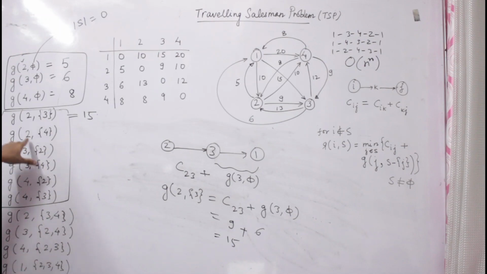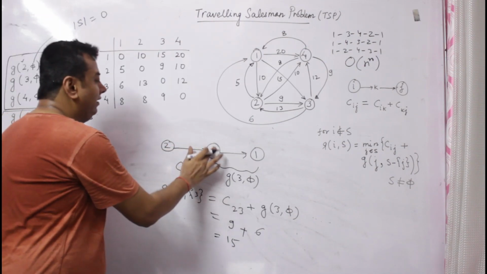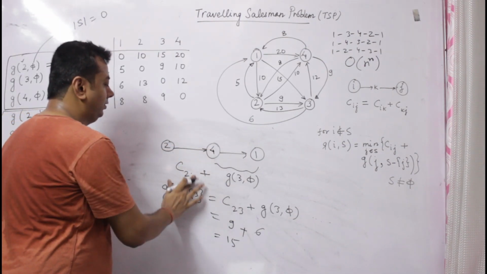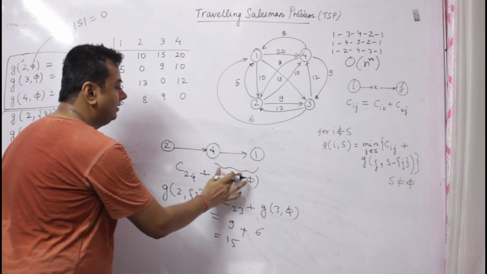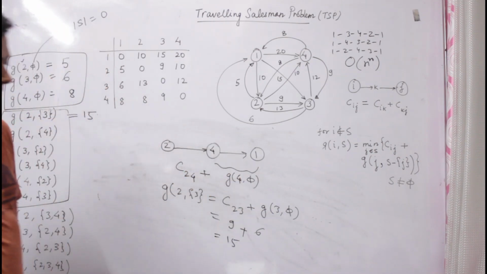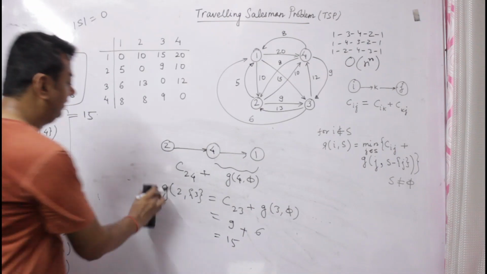So what is G(2, {4})? We'll go via 4, so this is C24 plus G(4, {5}).